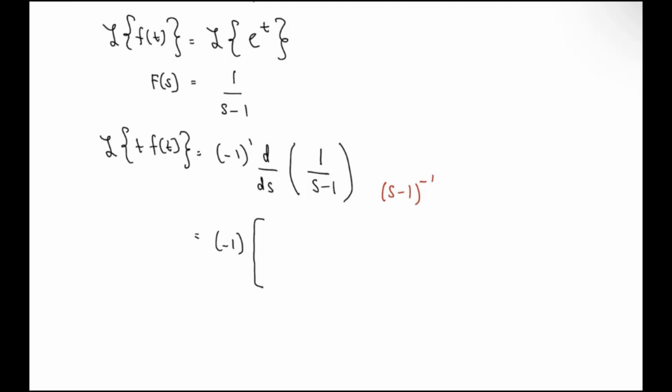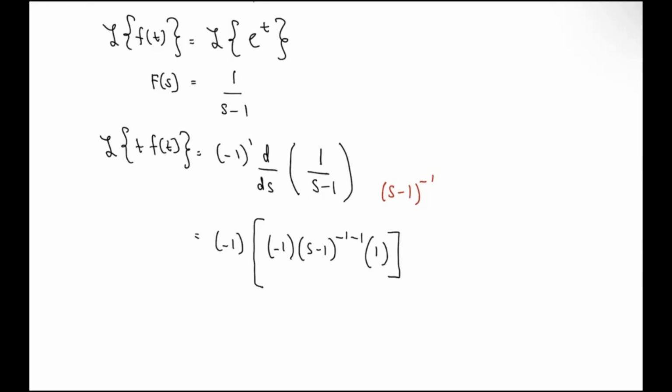By using chain rule, I get negative 1 times (s minus 1) to the power negative 1 minus 1, and then differentiate s. So s is s to the power 1, so you get 1.